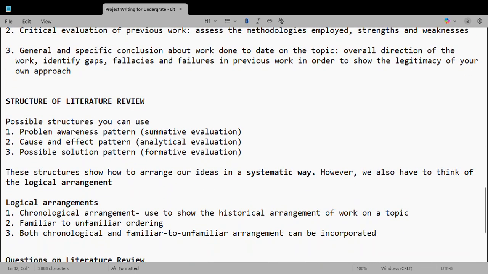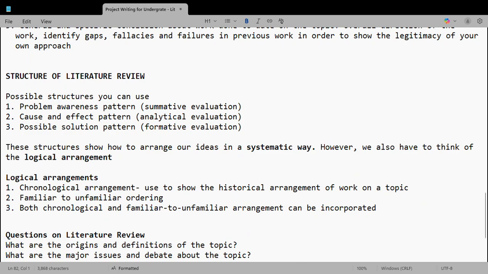So we also have possible structures that we can use to structure our literature review. There are three: the summative, the analytical, and the formative evaluation. The summative evaluation is the problems, the gap that we're able to identify from the novelty, from the literatures.